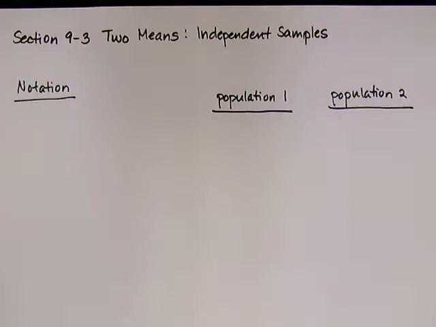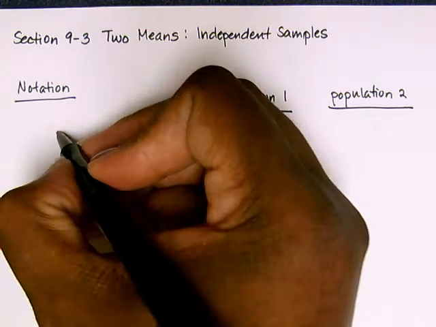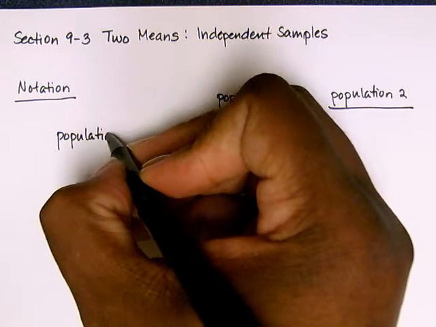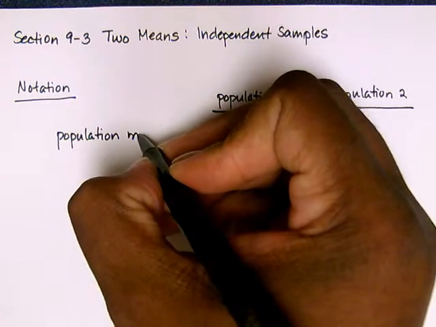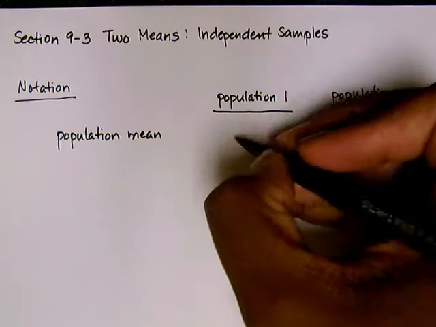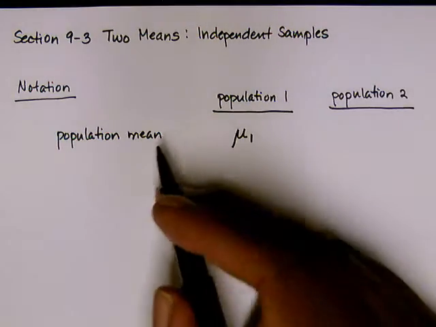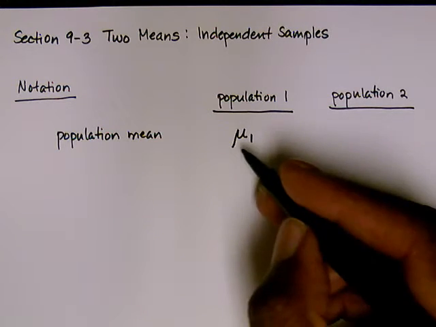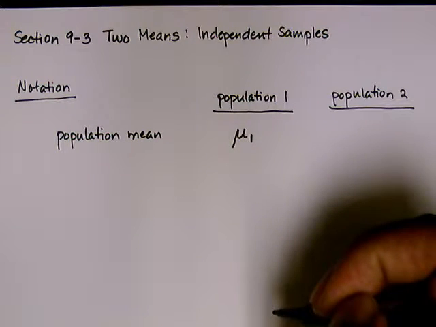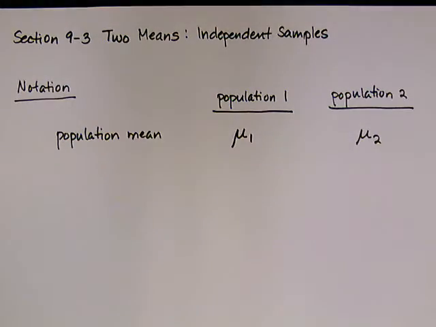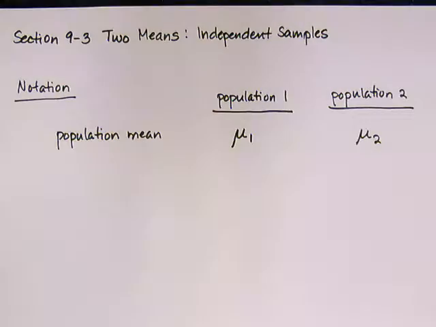A population mean is denoted by the Greek letter mu. So mu sub 1 is the mean of the first population, and mu sub 2 is the mean of the second population.